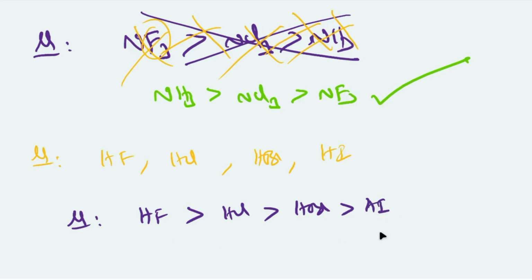Based upon this example, students think NF3 is the top. No, NF3 is not the top. I think you understood based on that explanation.